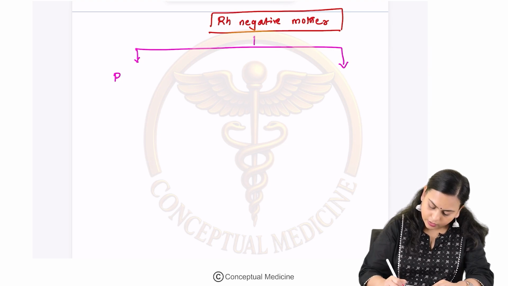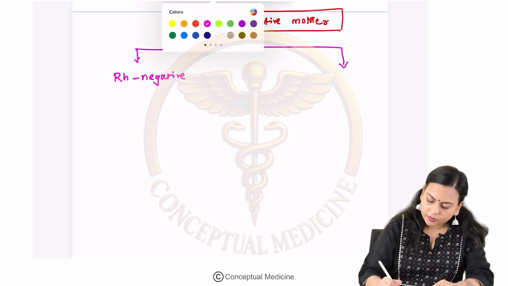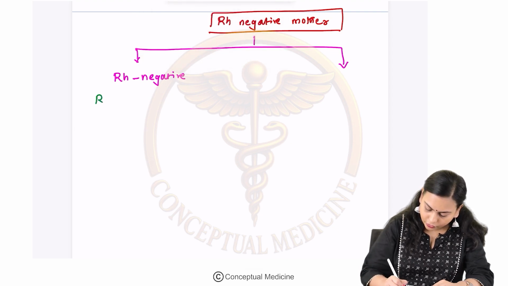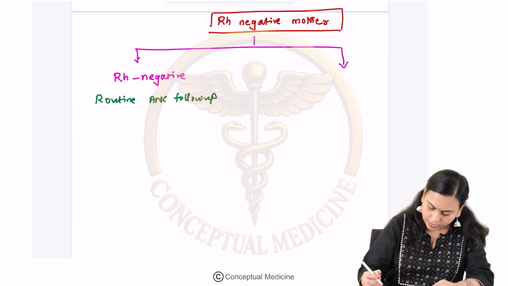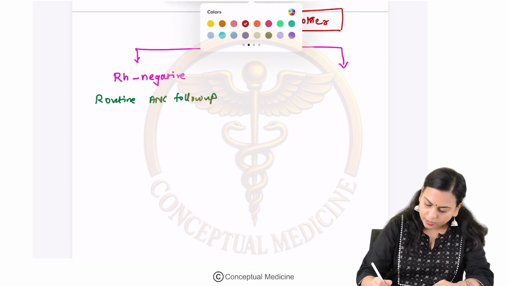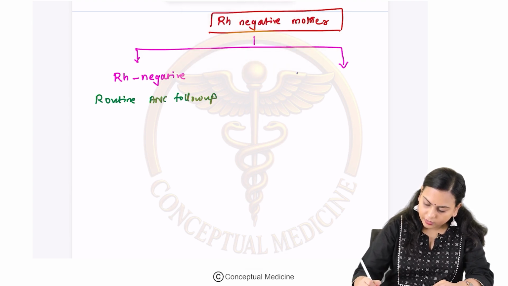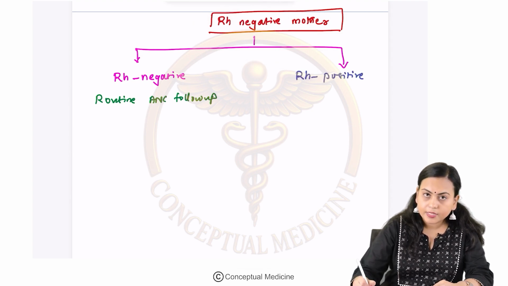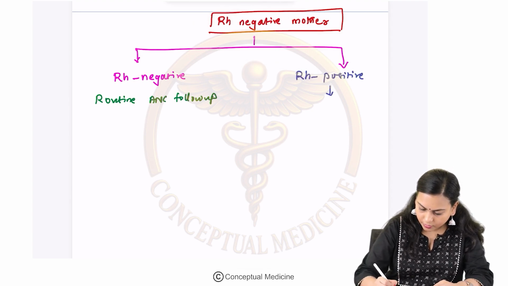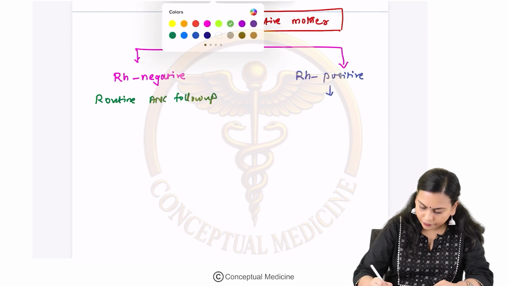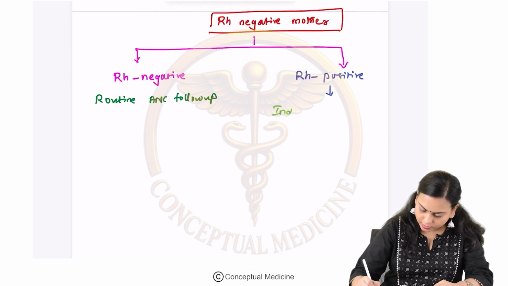Okay, so when it is RH negative, then you can advise her for routine ANC follow-up. Okay, suppose if the partner is RH positive, then we'll be subjecting them to, yes, what test? Indirect Coombs test.